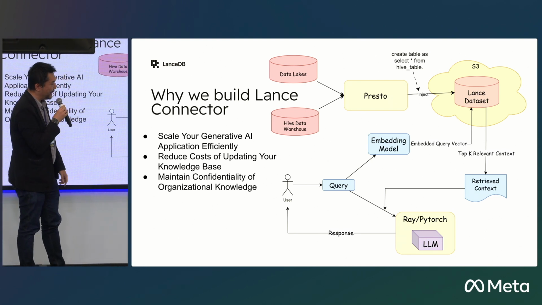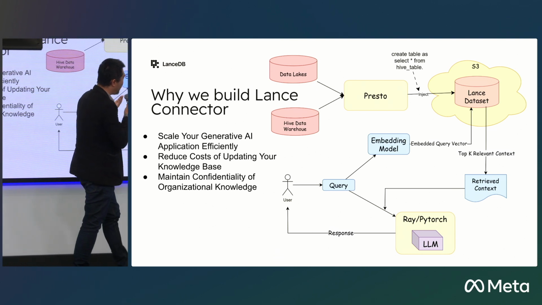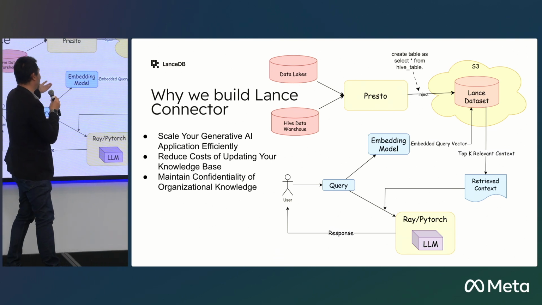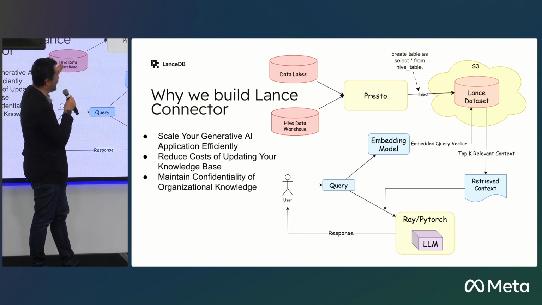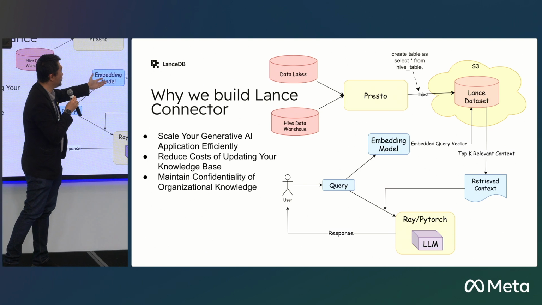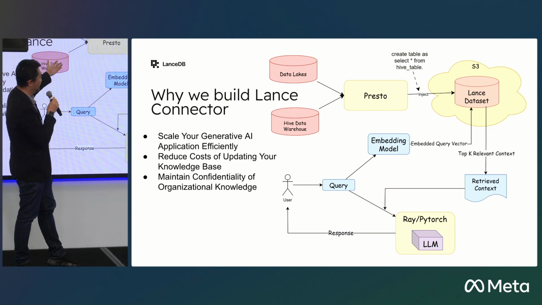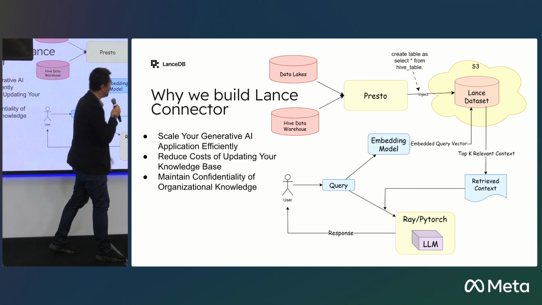In this case, you may want to populate your embedding data or some features from your Hive data warehouse or data lakes into your LanceDB. So you can put Presto in as an ingester to ingest your data into the LanceDB.